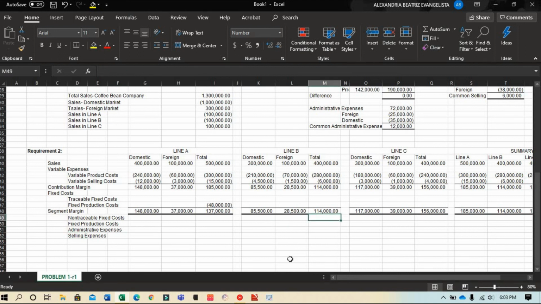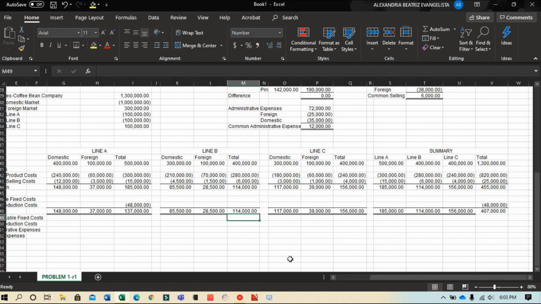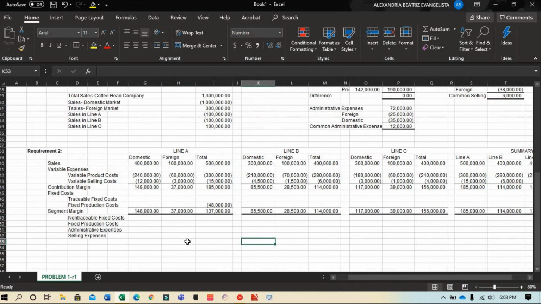So for the fixed production cost, the computations should be, let me just put net operating income here.